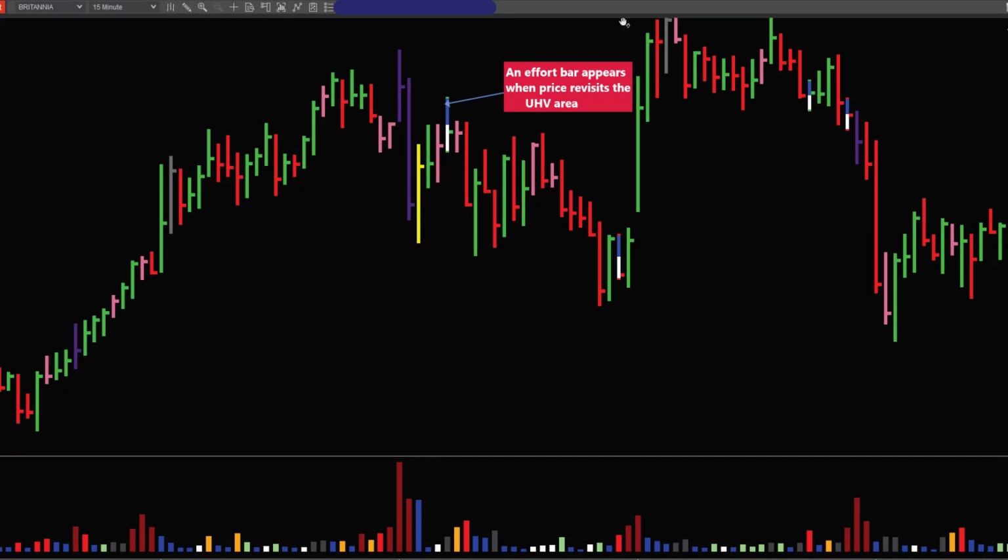There we are. Now again, here we have first detected the ultra high volume activity, the market revisiting the area, giving us our second kind of effort bar, and we are in the trade in the next to next bar. So this is how it really helps in tracking and giving us high probability trades.